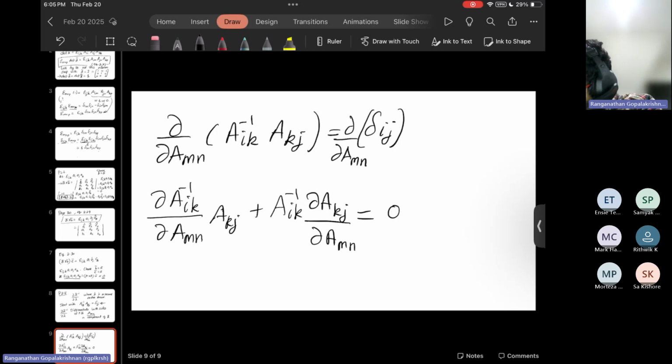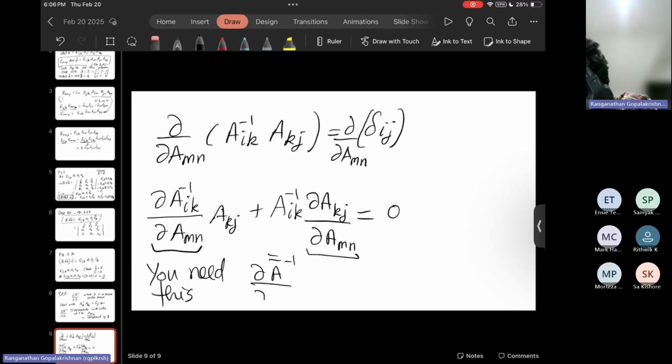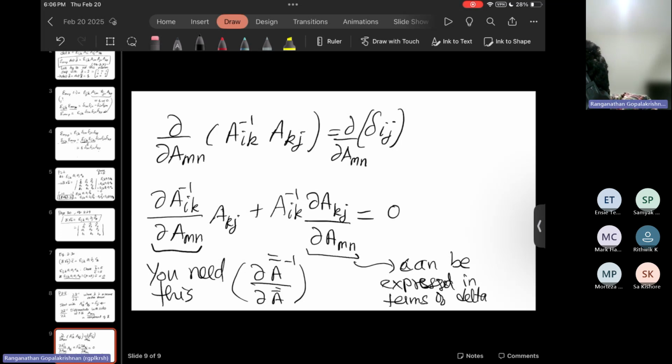Couple of things here. You need the first term, because it is of the form partial derivative of A inverse with respect to A, whereas the second is a number that can be expressed in terms of delta functions.